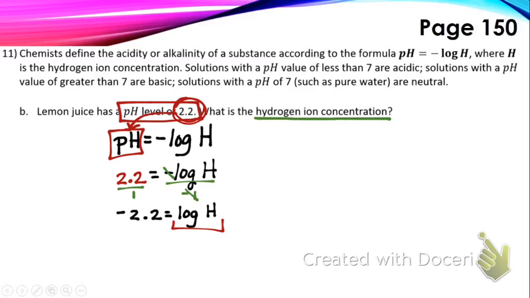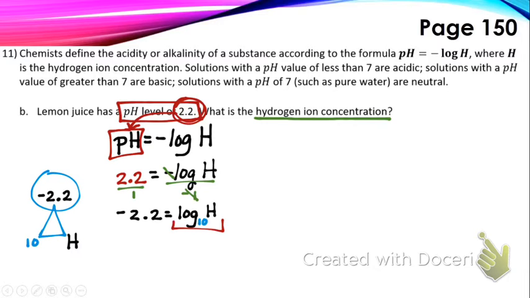When my log is isolated, that means I need to use my triangle so that I know where to go from there. What is the base? 10. Anytime we have a common log, our base is 10. What's the argument? H. So what belongs up here on top? Negative 2.2.